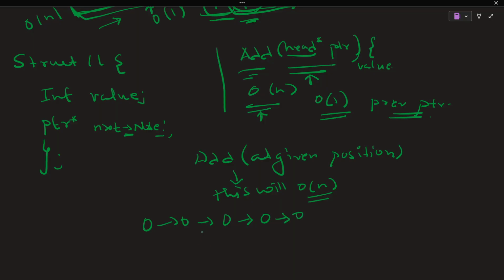Let's say over here, it has to manipulate this and then take this, and then it has to cut this point. So it has to move over here. This is an O of n process, where the n is the given position. I mean, it's a big process.